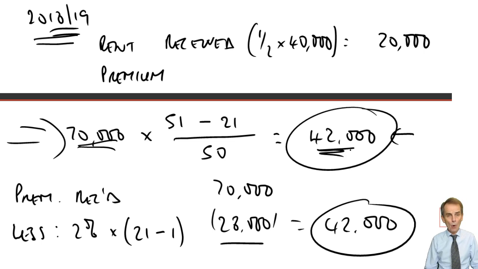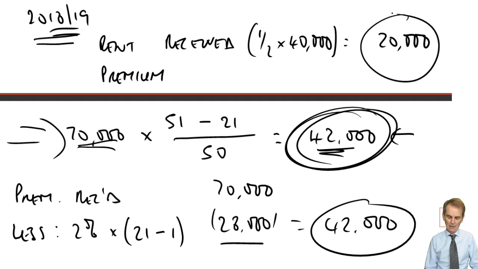If they want the property income assessment for the 2018-19 tax year, it's both the 42,000 plus the £20,000 of rental income received, a total of £62,000.